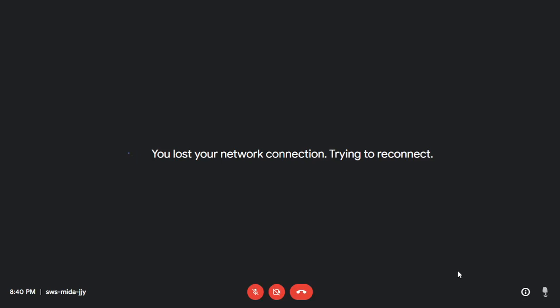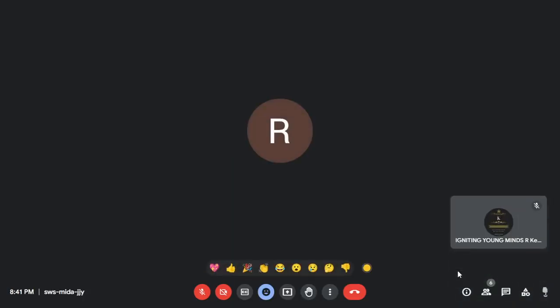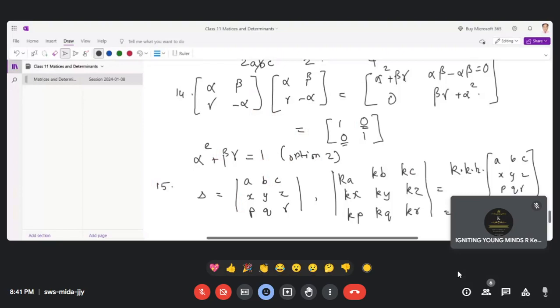So this is k cube into delta, which is option 4. K cube into delta.